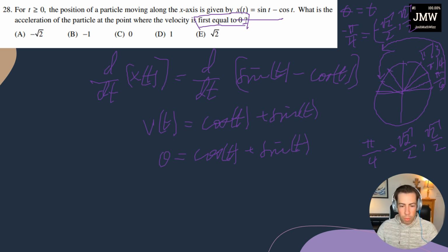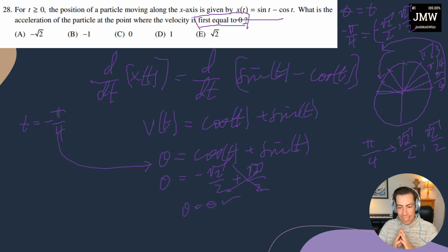So what does this mean? Whenever I plug that in, I'm going to get negative root 2 over 2 and a positive root 2 over 2, and they are going to cancel out, and I'll be left with 0 equals 0, which checks out. And I know that this has to be the first point that this happens because as t increases, I go around the unit circle counterclockwise, just like you would for theta.